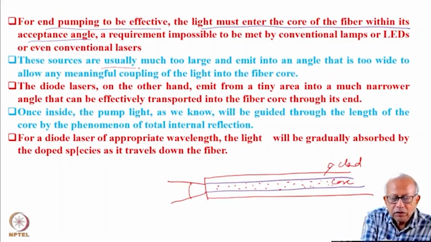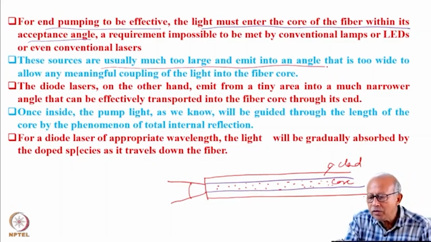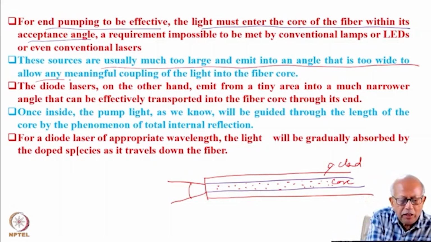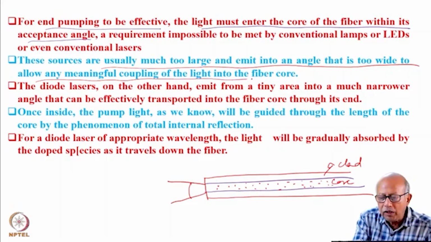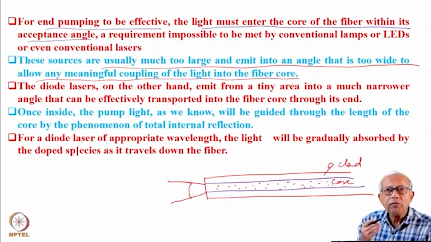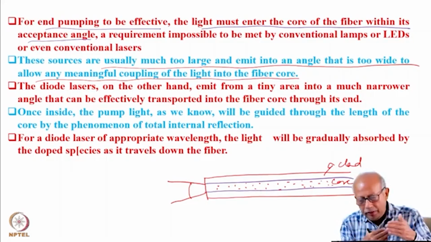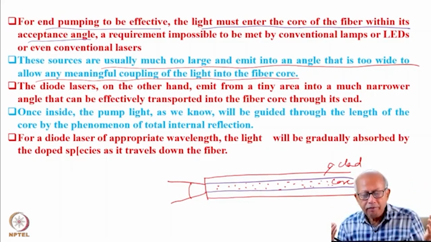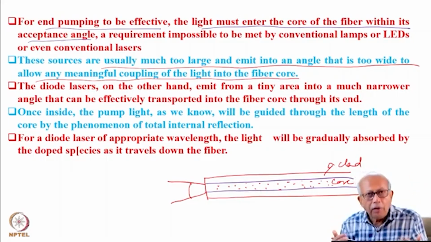Now these sources are usually much too large and emit into an angle that is too wide to allow any meaningful coupling of the light into the fiber core, because if the source itself emits light at widely diverging angles, then meaningful coupling would be very difficult.